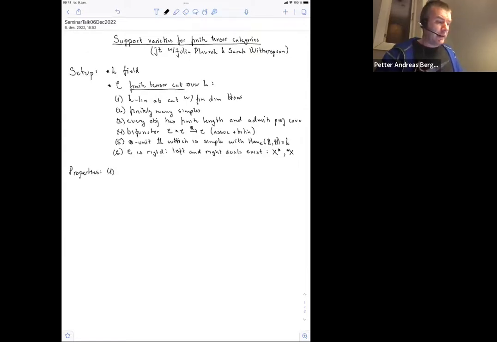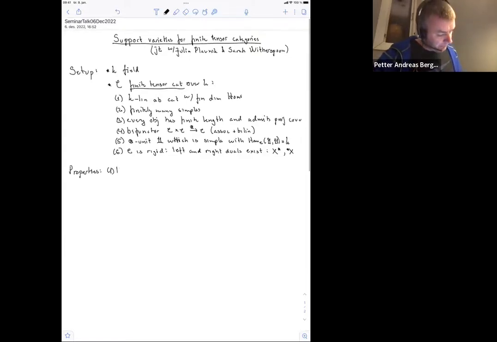First of all, it's a Krull-Schmidt category. So every object decomposes uniquely into indecomposable objects. Let me just write it in this way, that the Jordan-Hölder theorem holds. So you have unique composition series for every object.